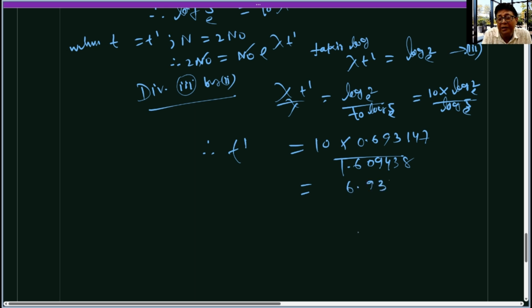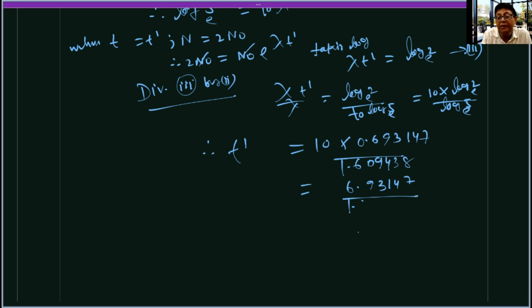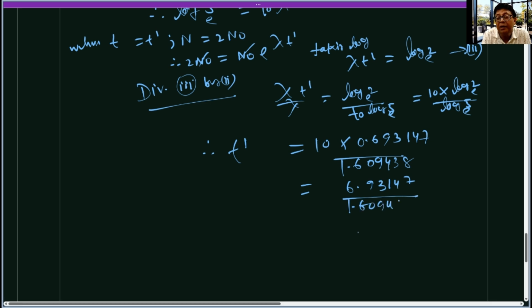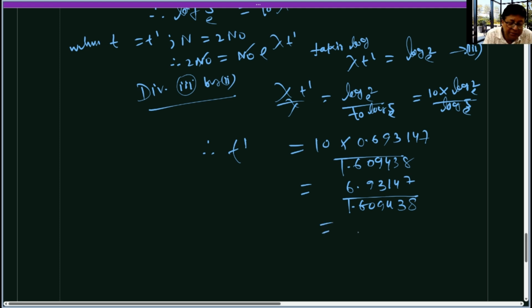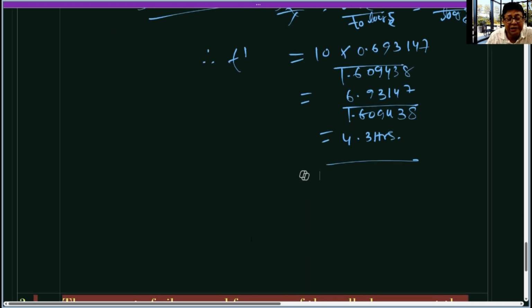So 6.93147 divided by this thing. Go on dividing. The value will be approximately 4.31 hours, 4.3 hours. No problem. Understood? Go for the next problem.